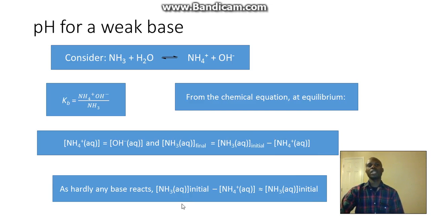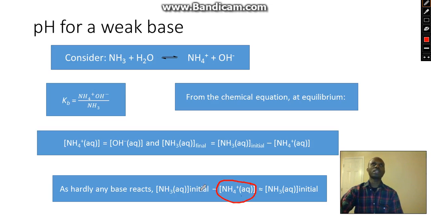Because it's a weak base that reacts, very little amount of this one forms, especially when you are dealing with a higher concentration of this. Very little amount of this is formed compared to what we are starting with. So we can decide to ignore this one because it's very little.